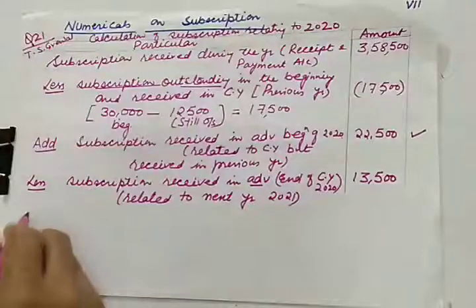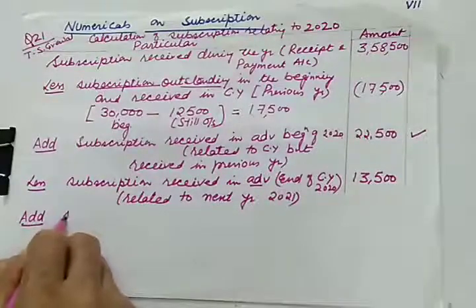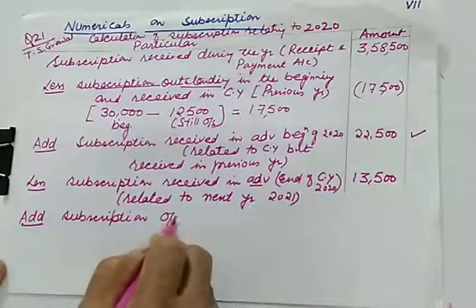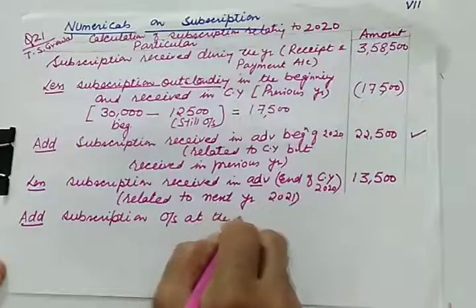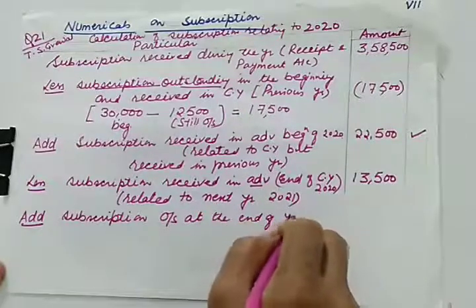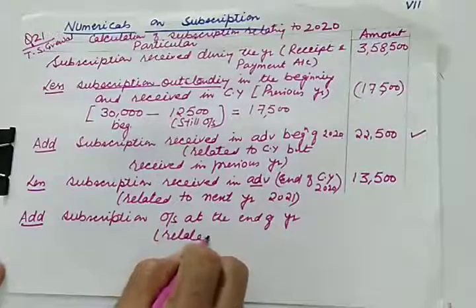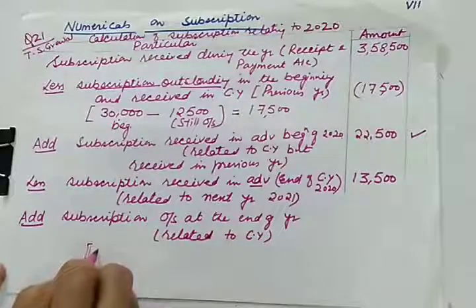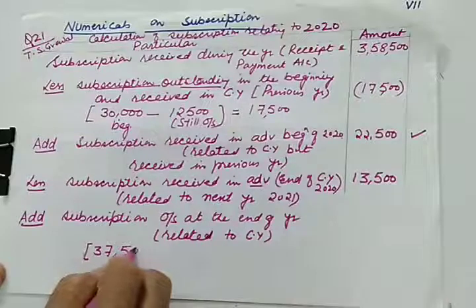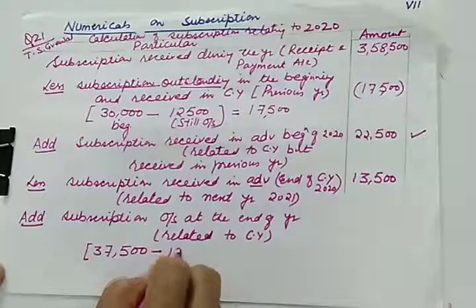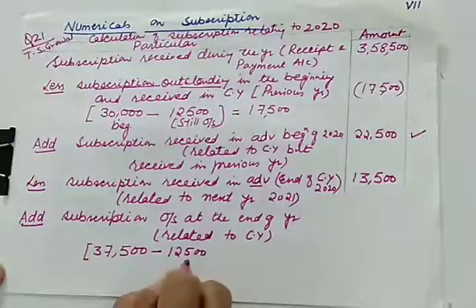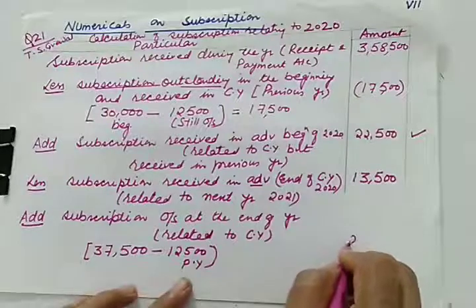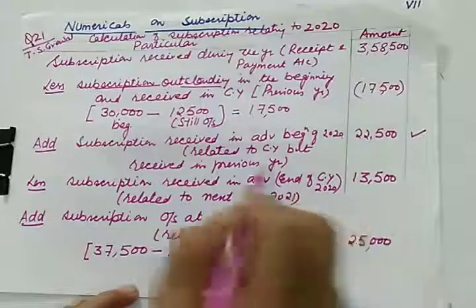So here we'll be adding subscription outstanding at the end of the year, but which is related to current year only. Total subscription outstanding given to us is 37,500, out of which it is mentioned that 12,500 belongs to previous year. So current year subscription outstanding is only 25,000.